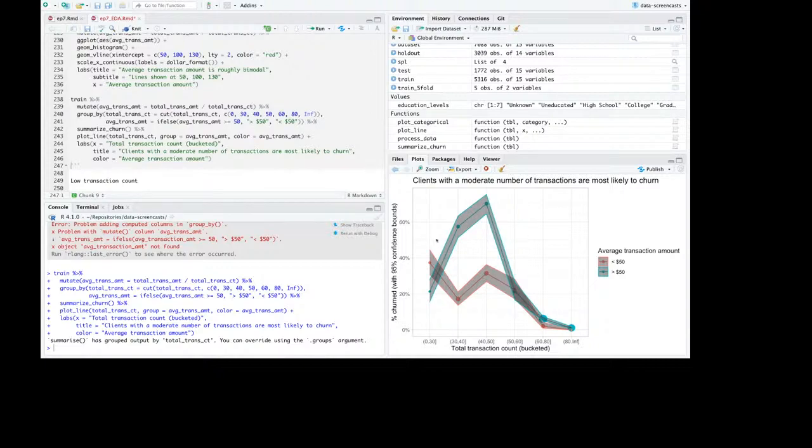All right, there we go. Greater than 50, less than 50.